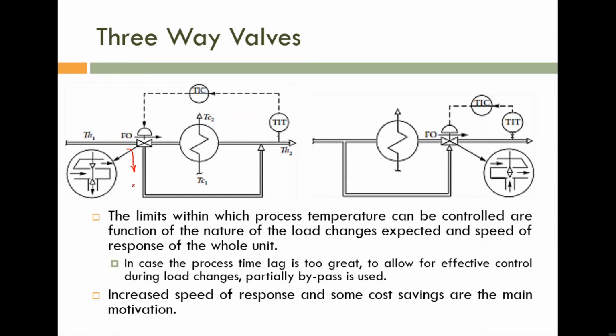So please note, if it is fail to open and the temperature is large, what do we have to do? We have to open this control valve. Am I correct? This path must be open. Why? If temperature is large, we have to cool this process medium. So in order to cool this process medium, more liquid must be allowed to pass through this cooler.